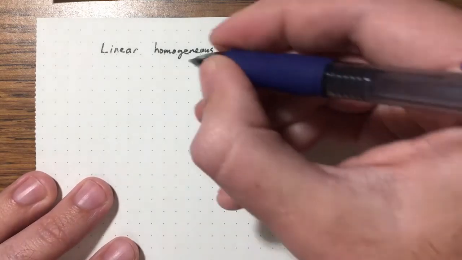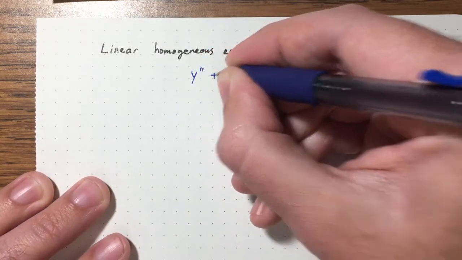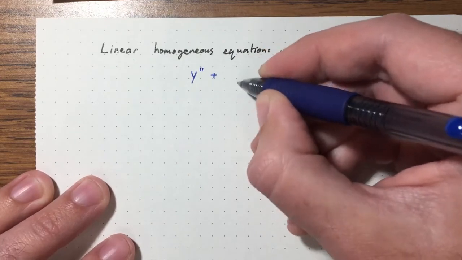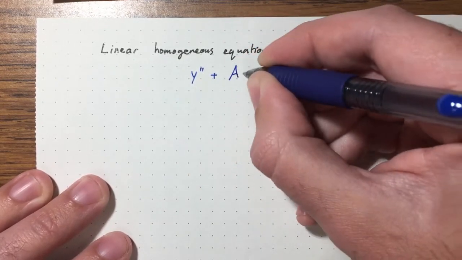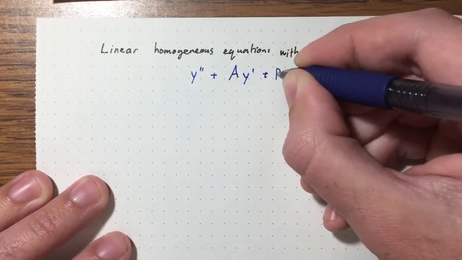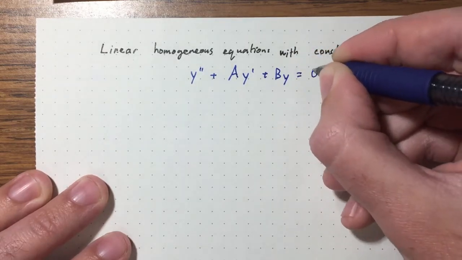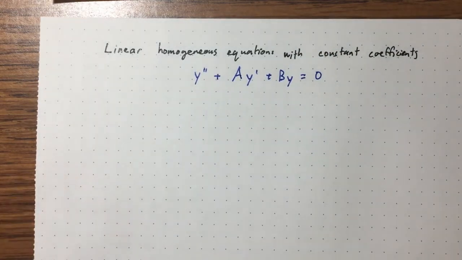So those are going to look like this. y double prime plus, I had p of t here before, I'm just going to put a, a y prime plus b y equals 0 because it's homogeneous. So we're just going to focus on ones that look like this for now.